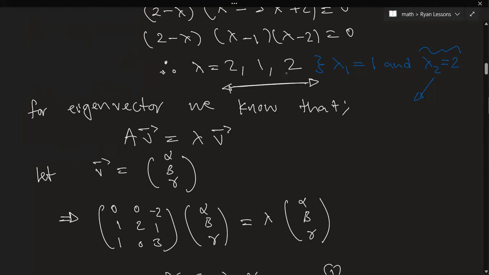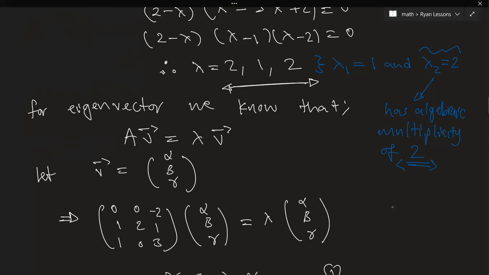So if something like this happens, we can say lambda 2 has algebraic multiplicity of 2. The goal of this example was to introduce you to certain terms we deal with under the subject of eigenvalues and eigenvectors. We have these 2 things, the algebraic multiplicity and the geometric multiplicity.